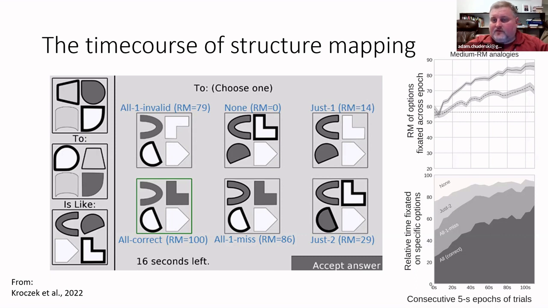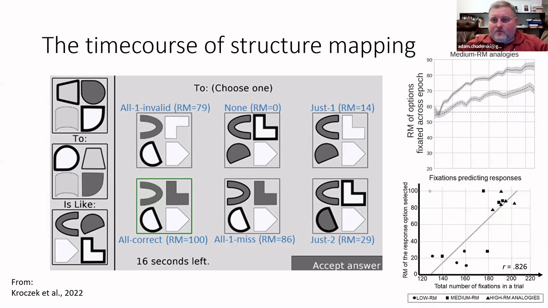So you can see that this linear increase is much less steep. It's not so much linear. So probably people got stuck at some incorrect option.